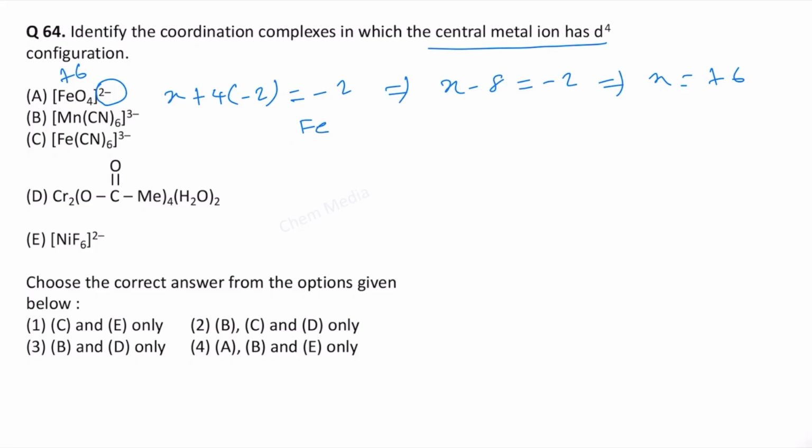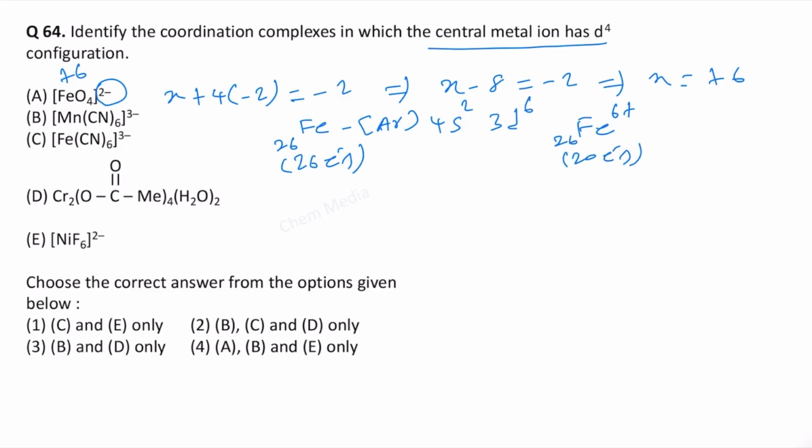The neutral iron electronic configuration is argon 18 electrons, and then 4s2 making 20, and then 3d6. We have 26 electrons in the neutral. When it becomes Fe6+, we will have 20 electrons. 6 electrons are gone, and we must remove the 4s2 electrons first because the principal quantum number here is 4.